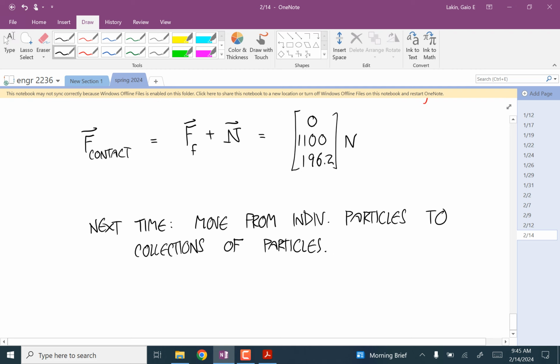Well, there's one important thing that we're going to be able to say about general collections of particles. So you can think of that as just blobs of stuff, you know?